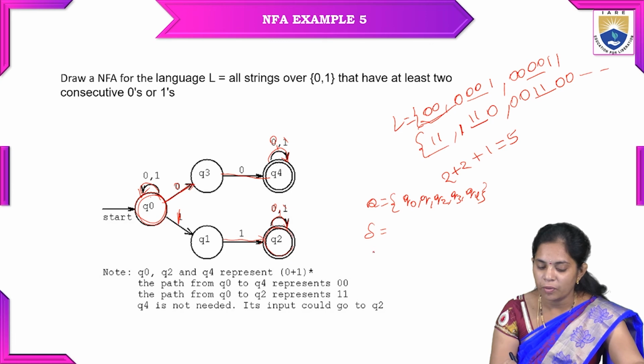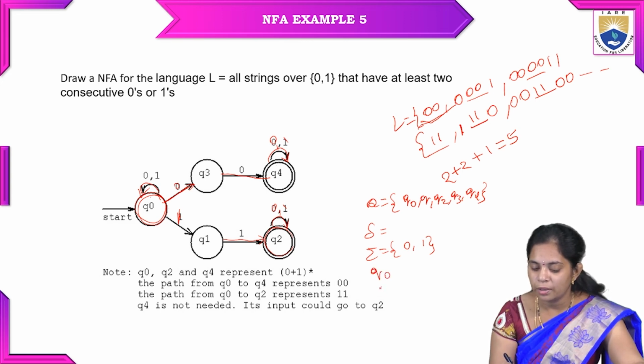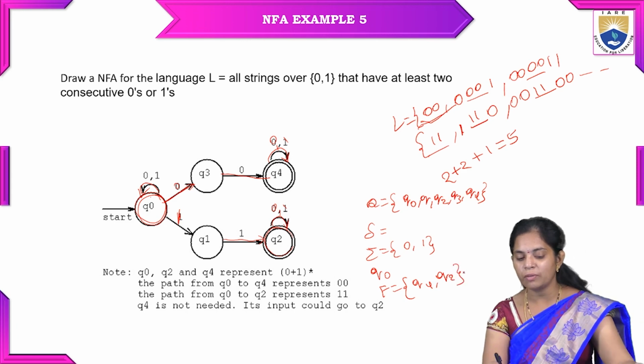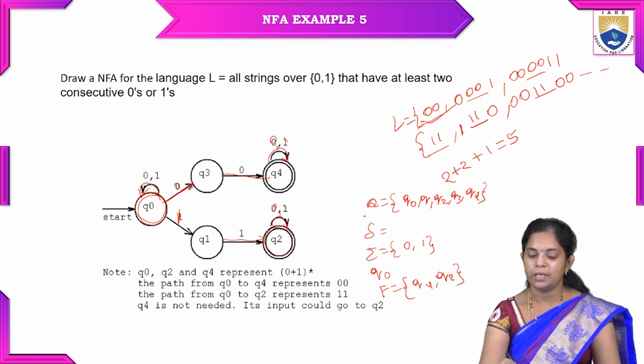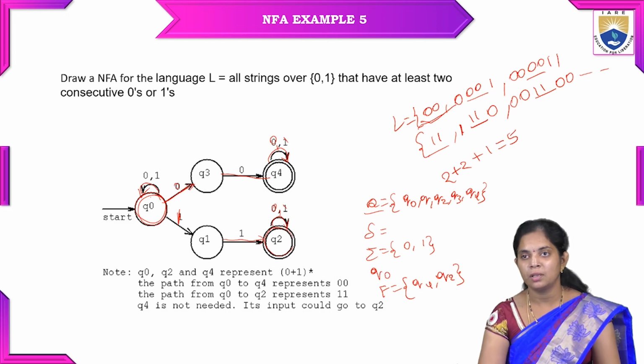And next our sigma, which is having the zeros and ones combination. And next the starting state is Q naught, and the final states are here. Final states are 2 states. So we have to represent like Q4 and Q. It is a subset of all the Q states.